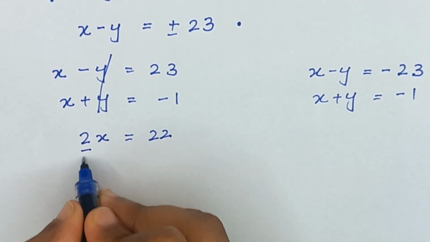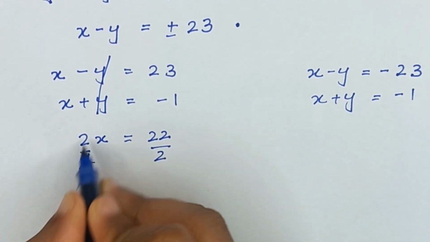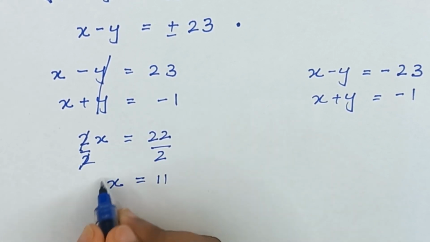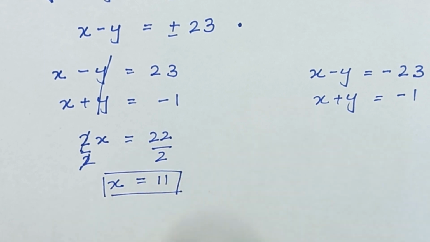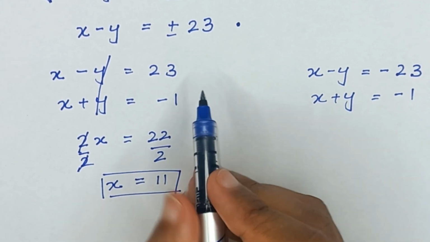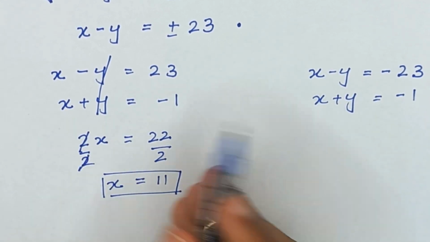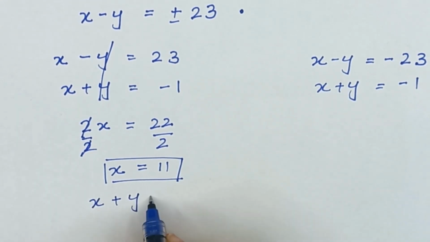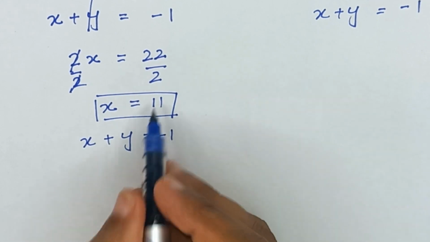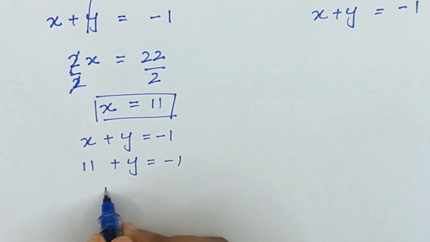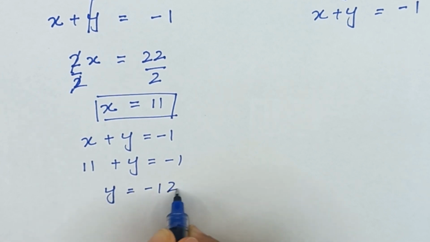To find the value of x, I will divide by 2 on both sides, so the 2 and 2 will cancel out, and the value of x will be 22 divided by 2, which is 11. Now I will substitute this value of x in this equation to find the value of y. So I will substitute here x + y is equal to −1, and I will substitute the value of x here. So y will be equal to −12.